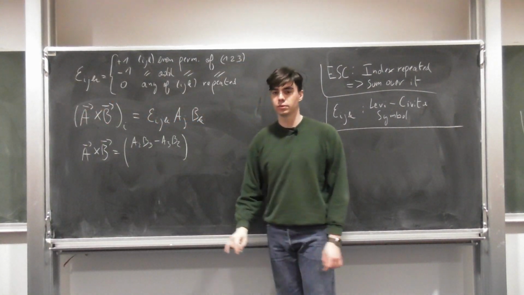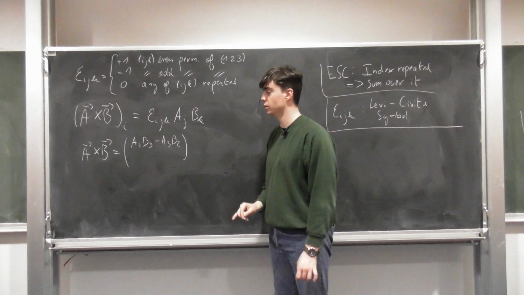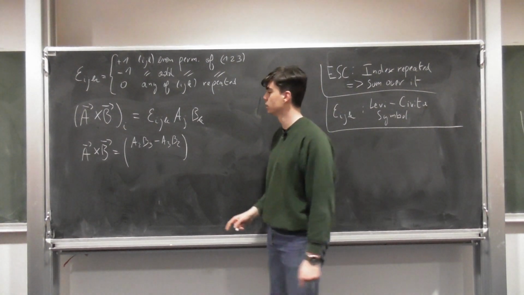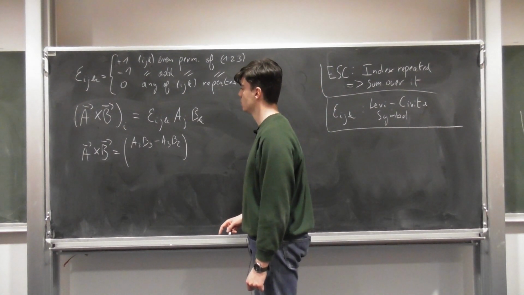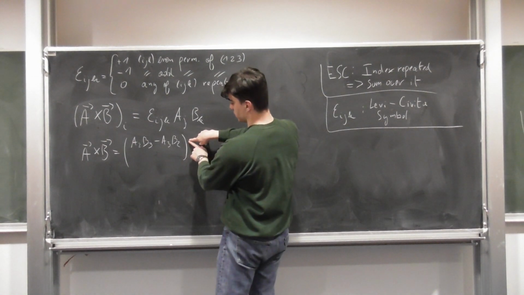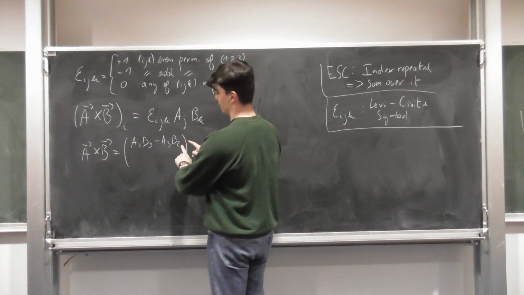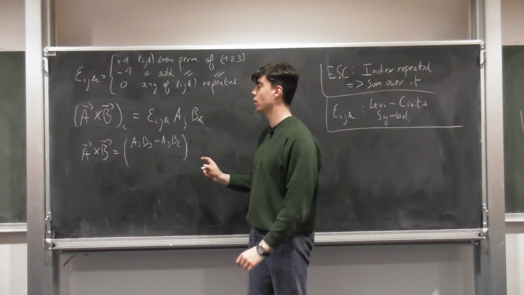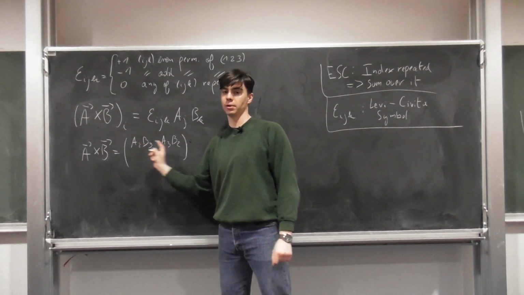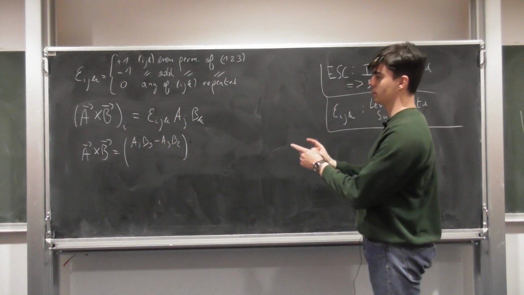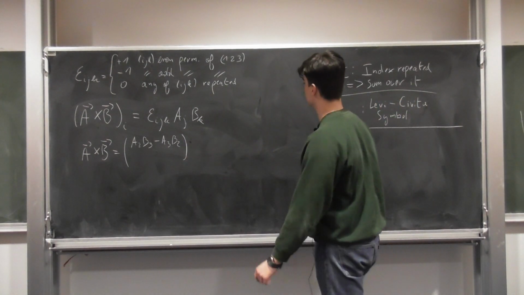And there are two other components that we're not going to check in the video, but you can do that yourself as homework. Okay. So this component, this entry of this vector, is the first entry, right? So here i would be equal to 1 if we're talking about this one. So let's see if this is actually equal to that.